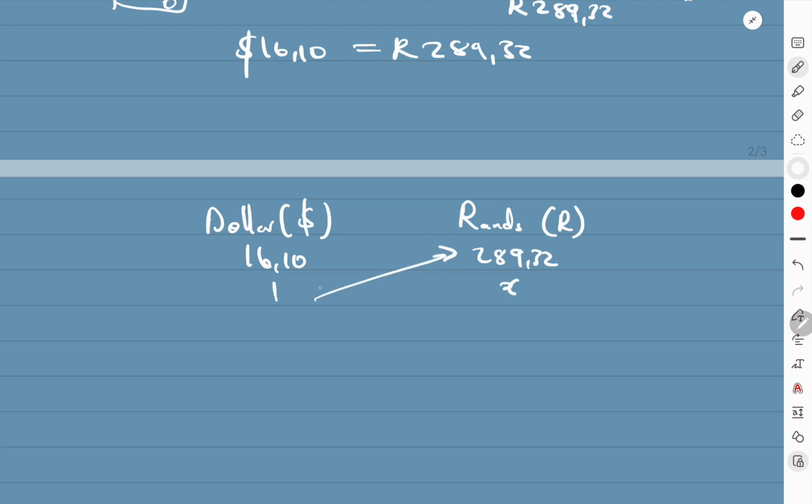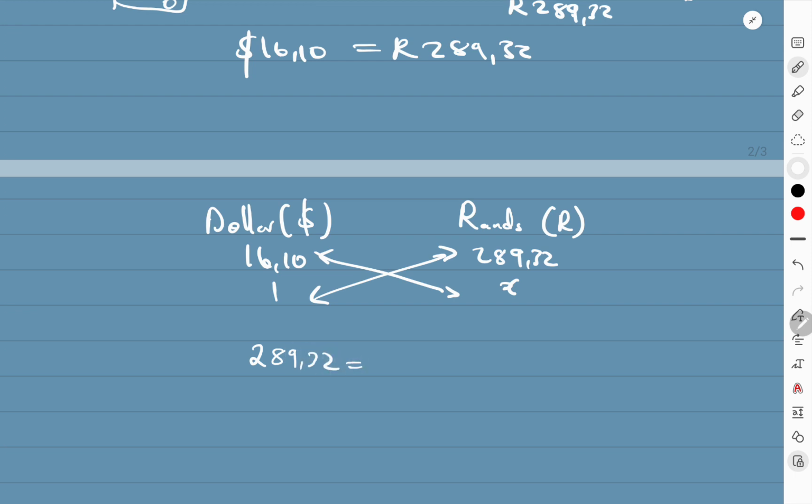I am going to cross multiply, whereby the 16.10 will multiply the X and the 289.32 will multiply the 1. It means I'm going to have 1 times 289.32, which is 289.32.